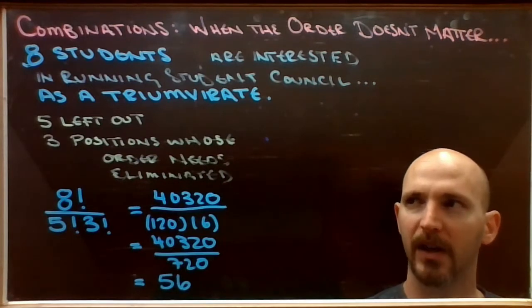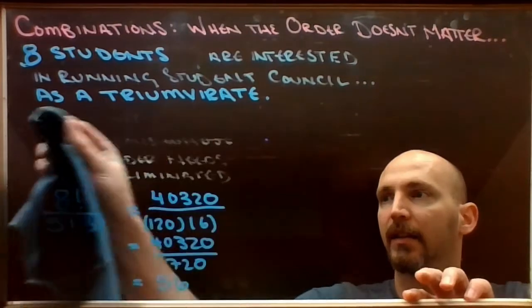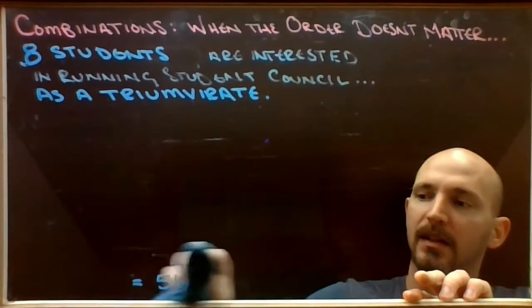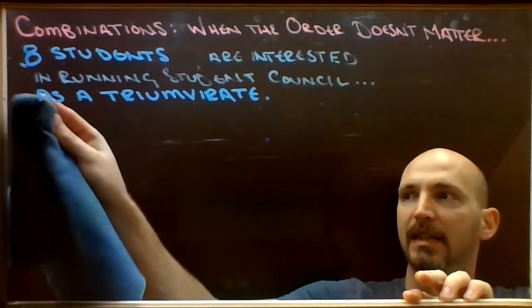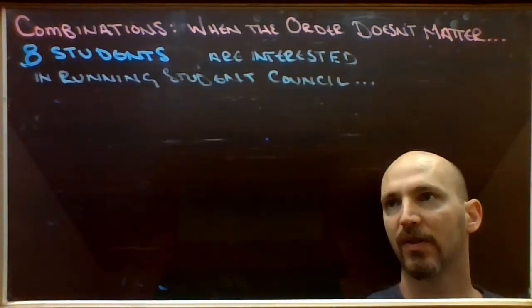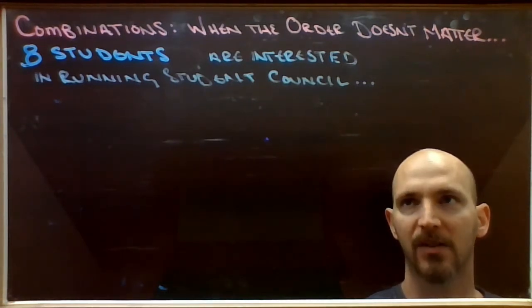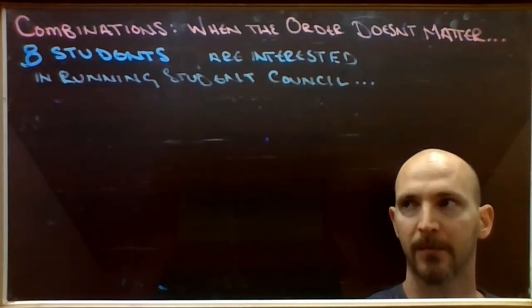So if I rephrase this then, if I'm not leaving anyone behind, then the feature that I strike out of this paragraph is this. So 8 students are interested in running student council. Okay? If I'm going to take all of them, then that means that 8 students are interested in running for the student council, and I'm choosing 8.